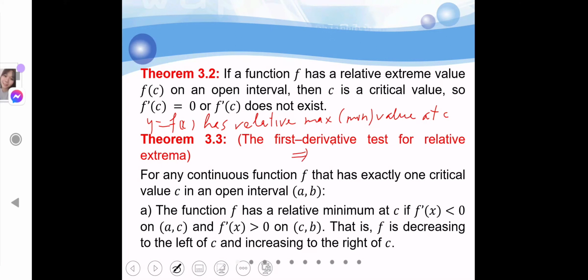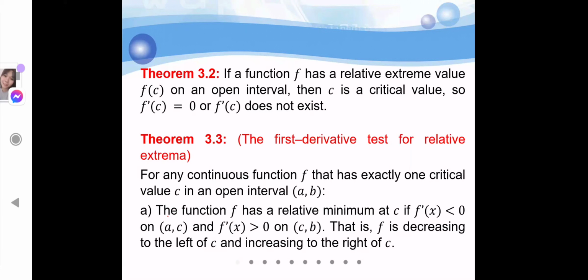Then we conclude that f prime c equals 0 or f prime c does not exist. That's two conditions. If the given function has a relative maximum or minimum value at c, then f prime c equals 0 or f prime c does not exist.